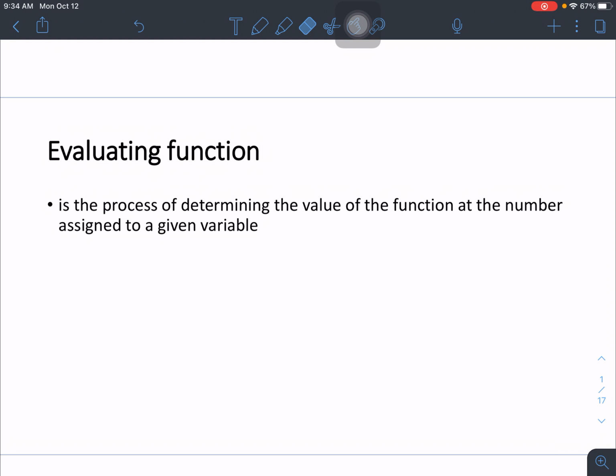That is an important lesson because we identify how the output behaves for every change in an input. The importance of learning to evaluate a function is that we can predict what the output would be if we were given a specific input. So we just need to apply that input in the function.